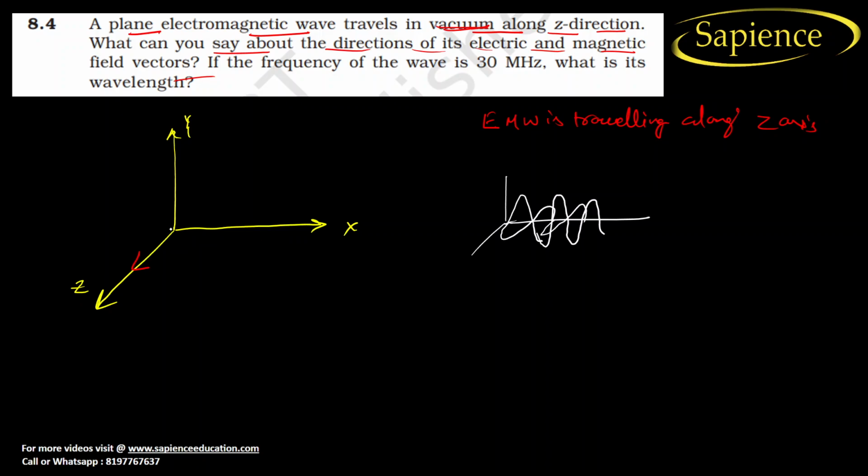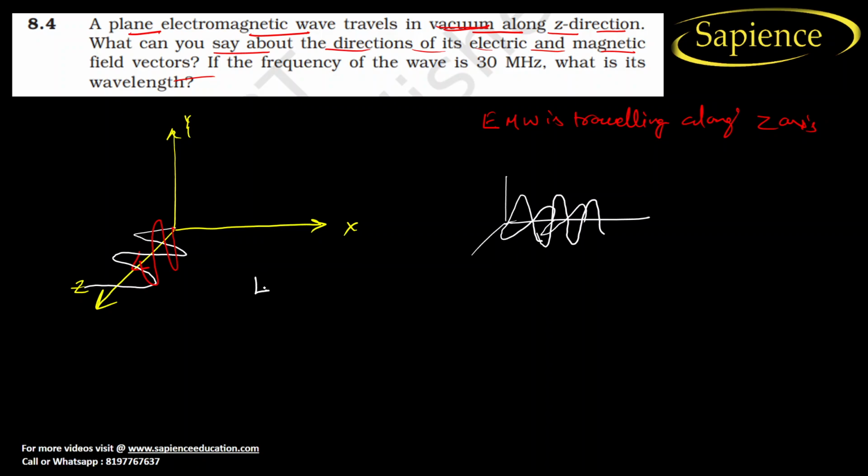So let us suppose like this, there is an electric field. So the magnetic field will be like this. Got it? So electric field as well as magnetic field.